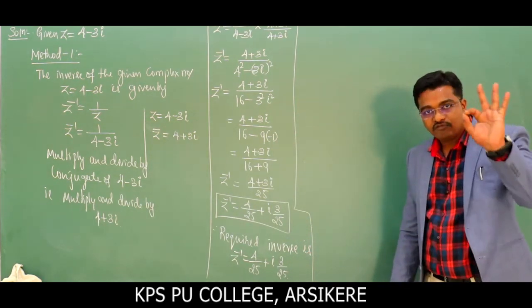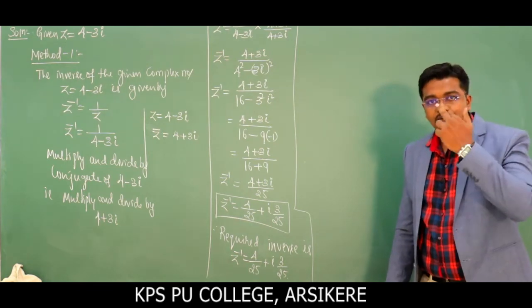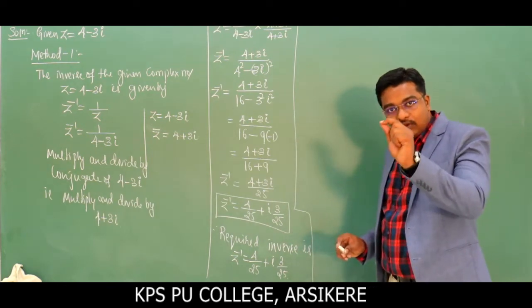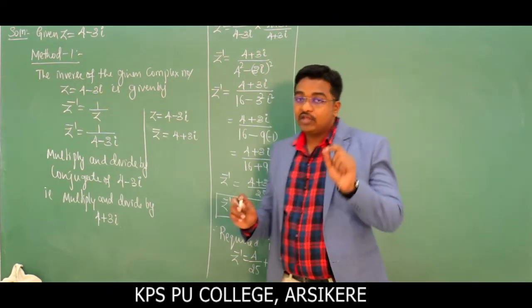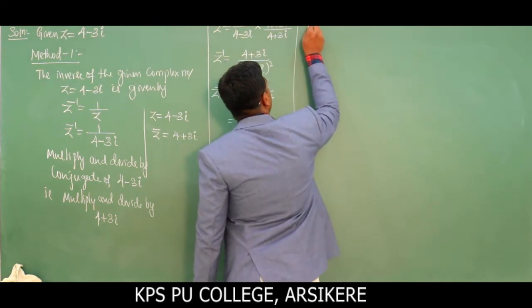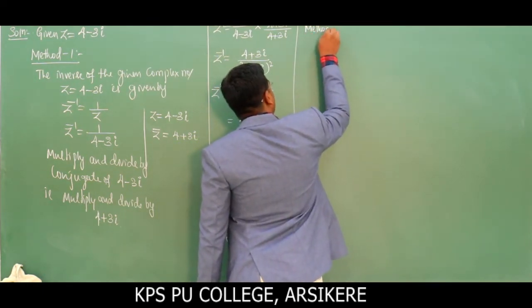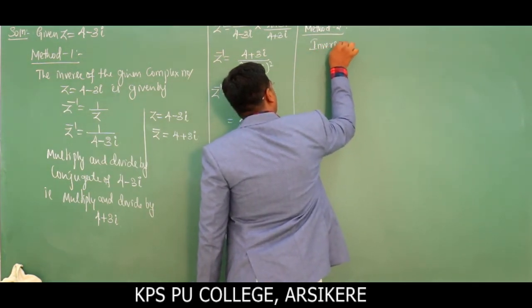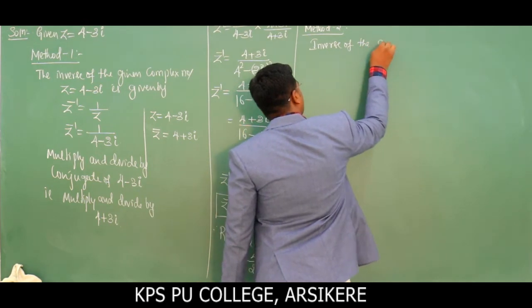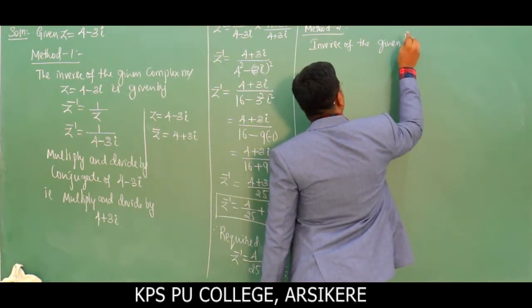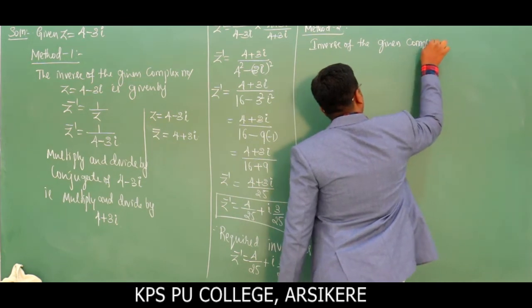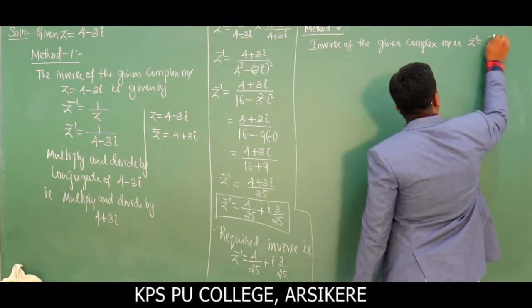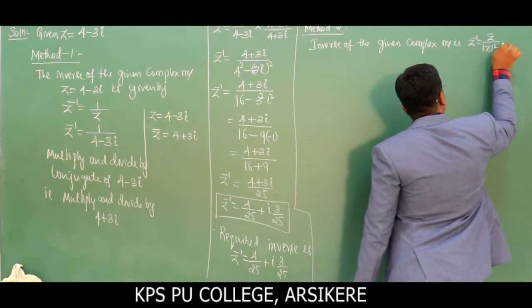Very simple, we have the formula z inverse is equal to z bar divided by modulus of z whole square. Therefore the multiplicative inverse of the given complex number by method 2 is z inverse is equal to z bar divided by mod z whole square.